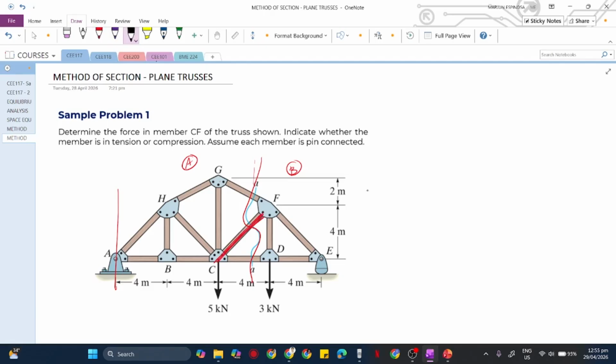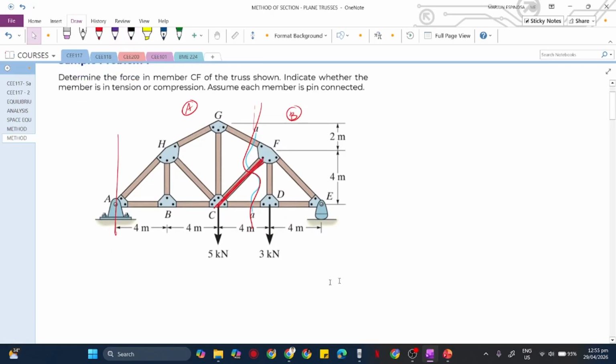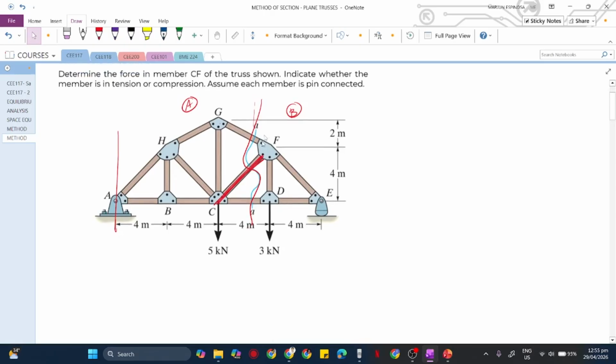So, we can try to draw the free body diagram after cutting through the imaginary curve or line. Let me just draw this. We have member FG, this member here. And then we have our unknown member, FC or CF. And then we have member FD, this one.